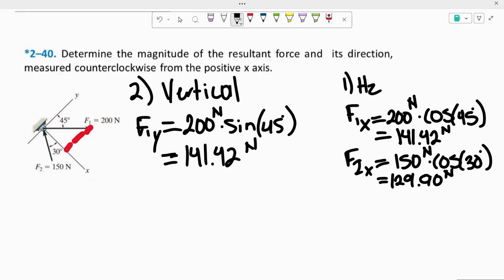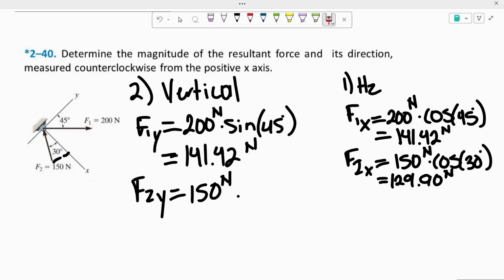If we plug that into our calculator, we should be getting 141.42 newtons. From there, we could do F of 2 of y. We have 150 newtons. And once again, we are given the hypotenuse, and we're trying to find the opposite side, corresponding to this 30 degrees.